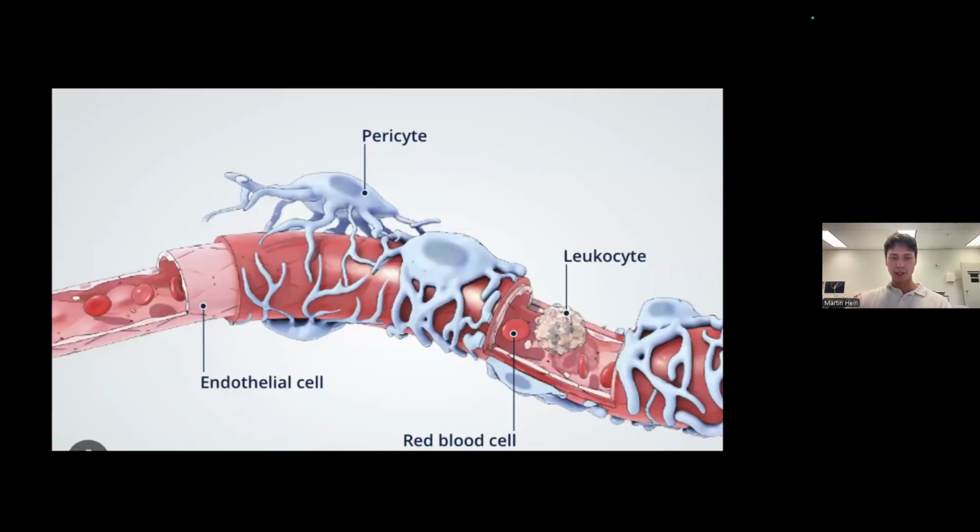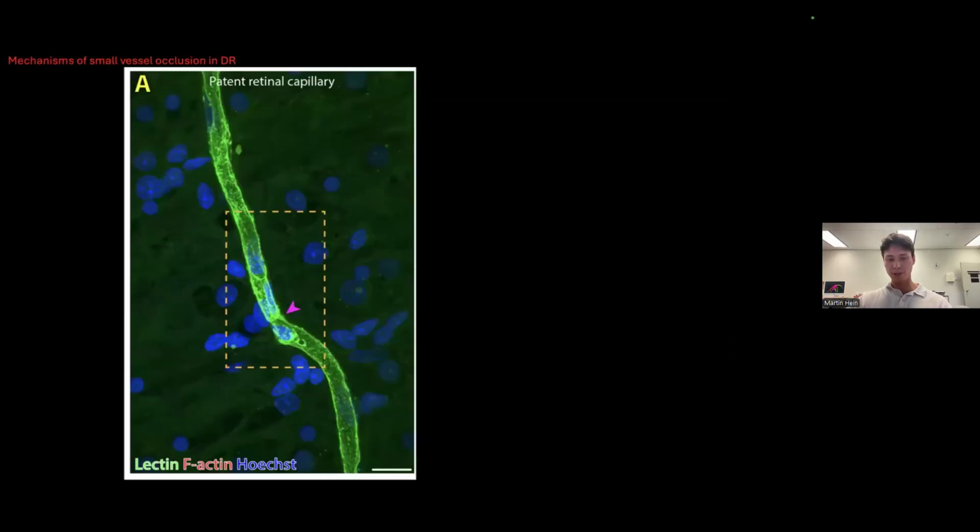So endothelial cells here are essentially just lining the inside of the blood vessel, and down at the capillary level, this is pretty much one endothelial cell thick, and there's pericytes abluminally to that, which are on the exterior surface of the blood vessel. And if you look at more images, it becomes more obvious. So this is a retinal capillary in an ischemic diabetic eye, and it looks completely patent.